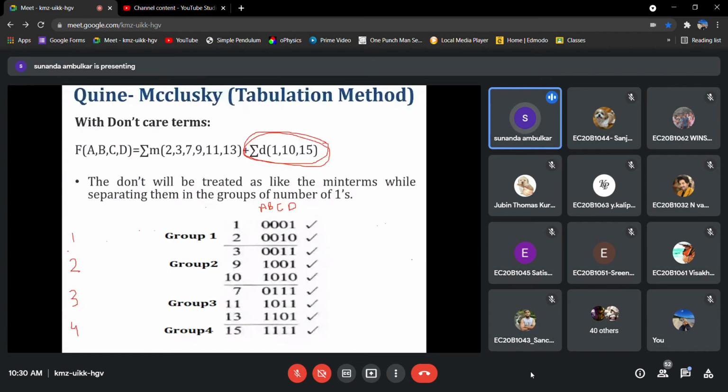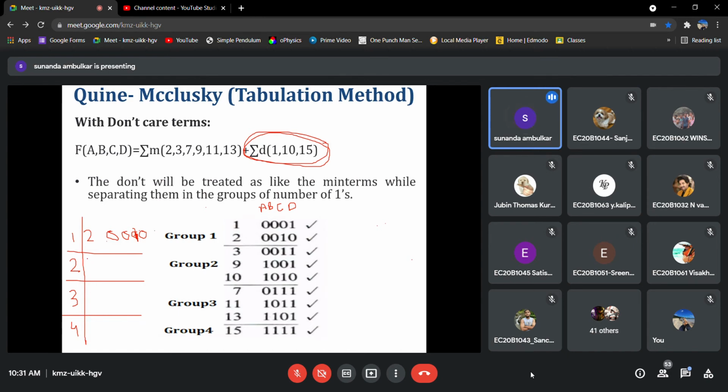Now we have to find out which min term belongs to which group. We'll see 2. 2 is indicated by 0, 0, 1, 0. There is no other min term which belongs to group 1.